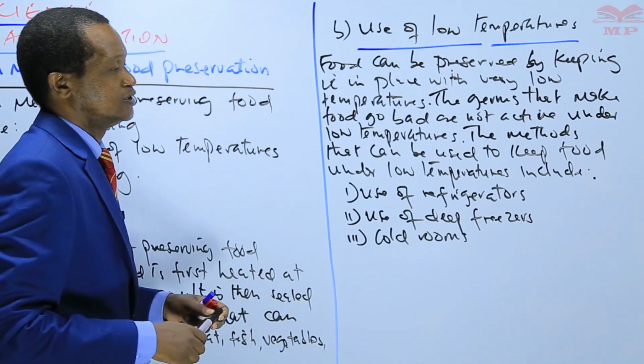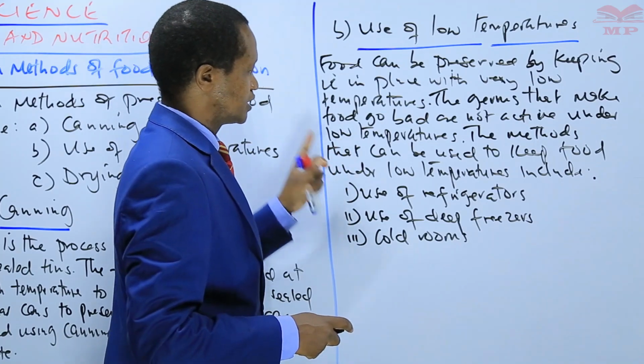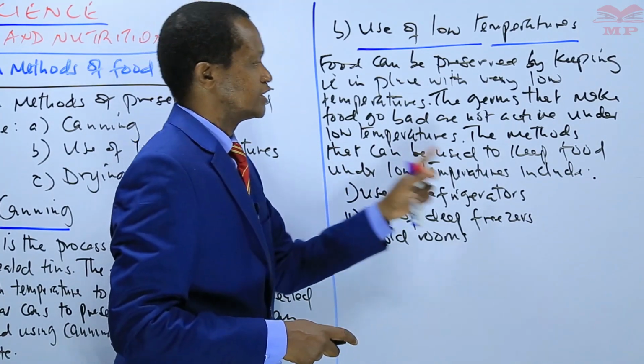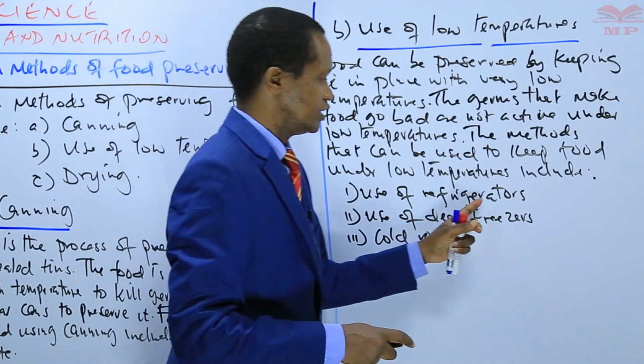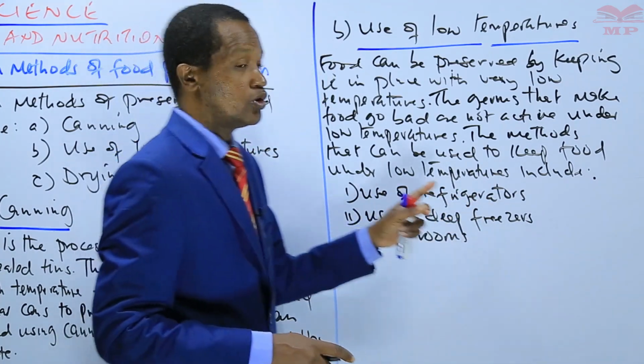So, learners, these are methods that can be used to store food under low temperatures: use of refrigerators, use of deep freezers, use of cold rooms.